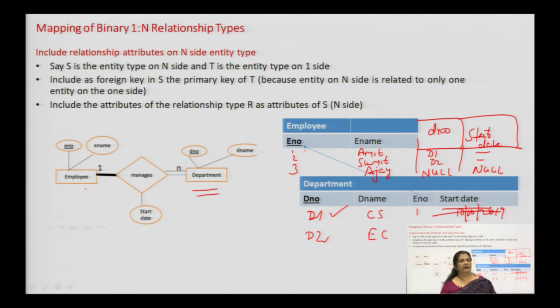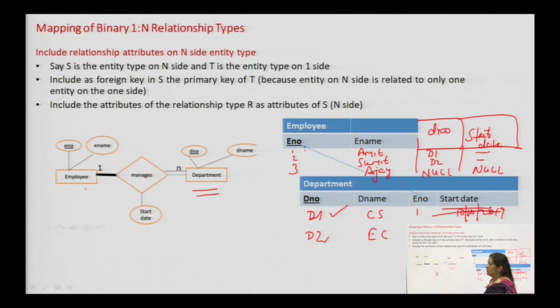So, what will happen is that in this example I have shown you only 3 employees and 2 departments, but obviously in a real scenario the number of departments as well as the employees will be much more. So, in case we do it the way I have done the second time, we will end up with a large number of null values, and null values are not desirable in a good relational schema design.